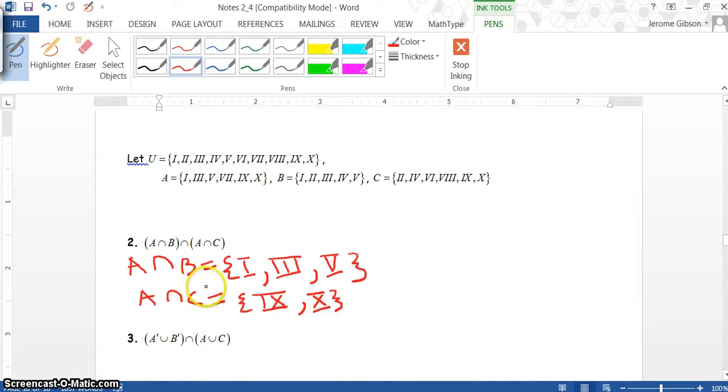Now, our next move would be that we want to intersect A intersect B and A intersect C. So, we will have A intersect B intersect A intersect C. Now, if you notice, we have nothing in here that matches up. So our answer is the empty set.